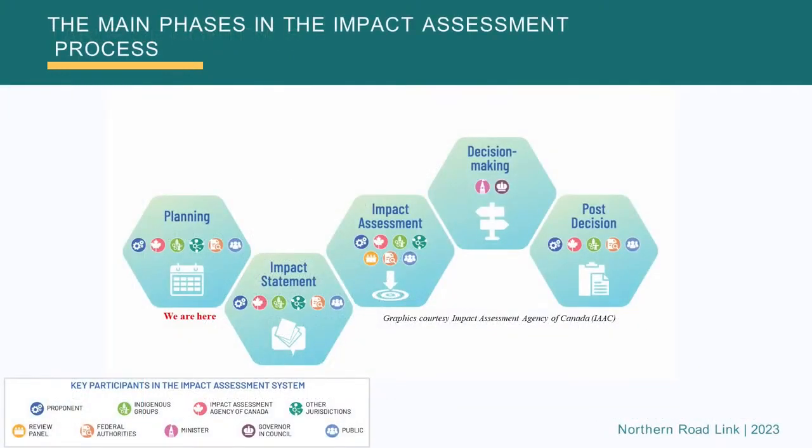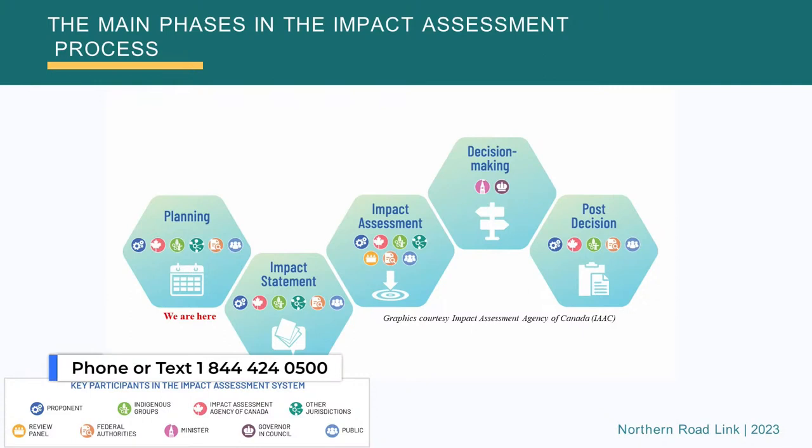So now let's move to the main phases in the impact assessment process. We are currently in the planning phase, and I'll get into specifically where we are in this planning phase in a few minutes. After the planning phase, there's the impact statement phase, which is the preparation of that impact statement.